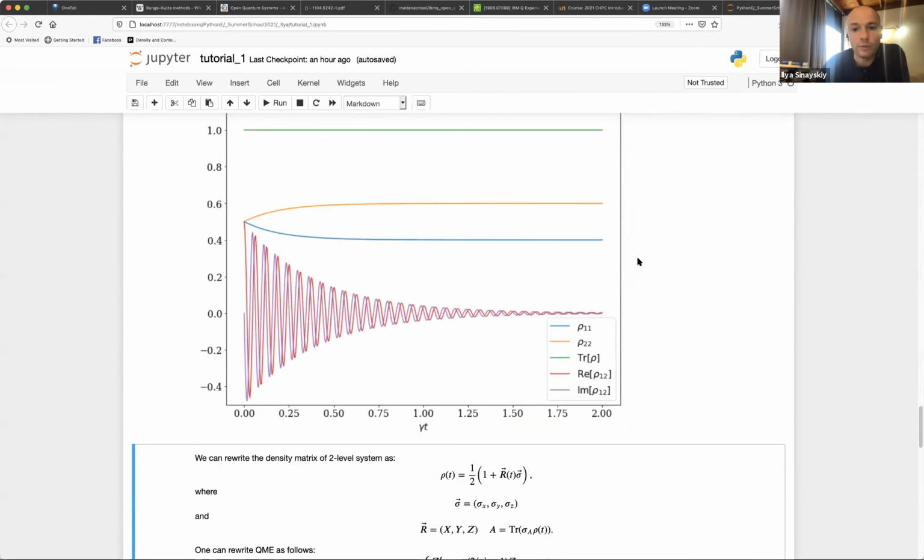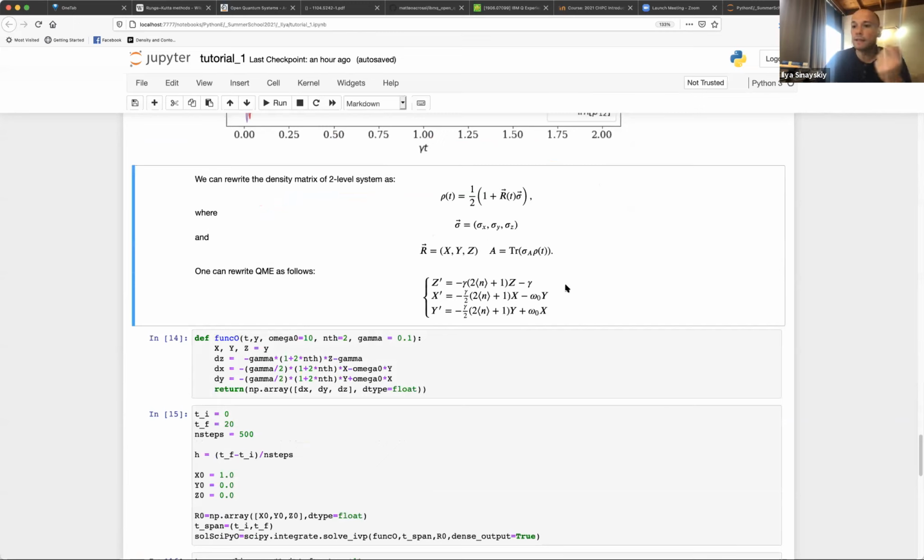Okay, and what can we do in this case? We can go from the density matrix to a parameterization of the density matrix through the observables. And for the 2-level system, there is a very nice basis that relates how this 2x2 density matrix depends on observables of the Pauli matrices, sigma x, sigma y, sigma z.